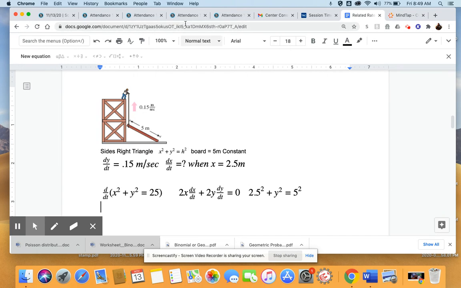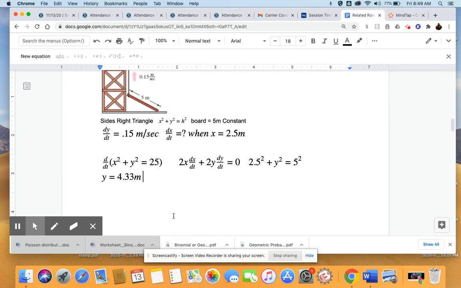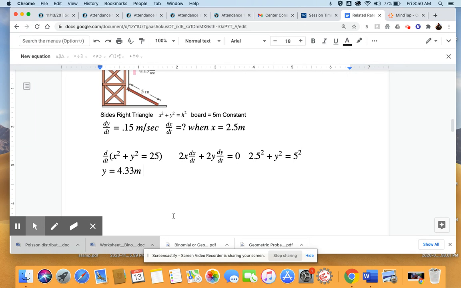I really wish I had done that as a new equation, so it looks nicer. Y equals 4.33. So now it's just a matter of plugging in all this information. That'd be 4.33. We should note that that's meters. Okay, I'm not going to go through doing all the decimals and multiplications, but you're just going to have to plug in.